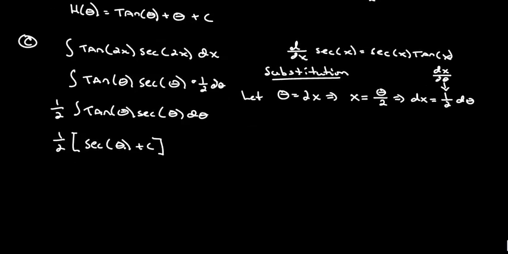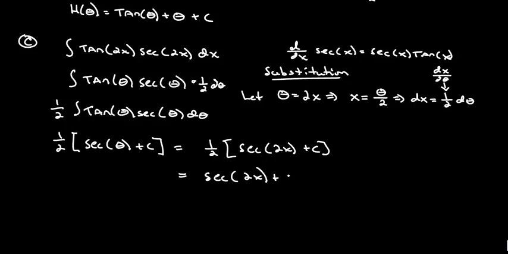And of course, theta was 2x, so this is 1/2 times the secant of 2x plus c. When we multiply 1/2 in here, that's still just the secant of 2x plus c.